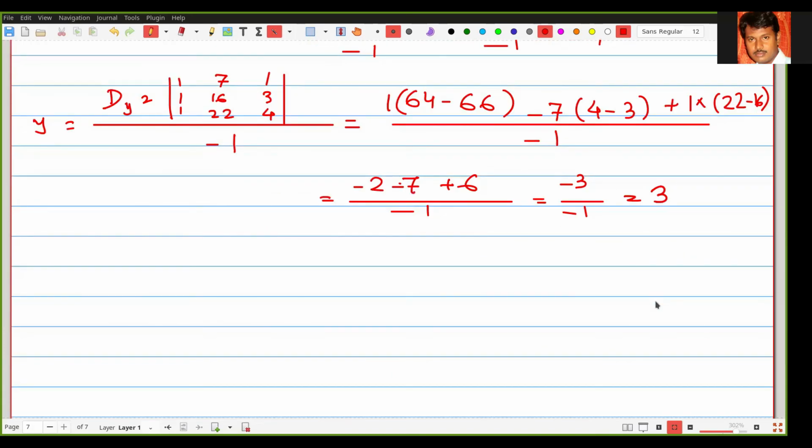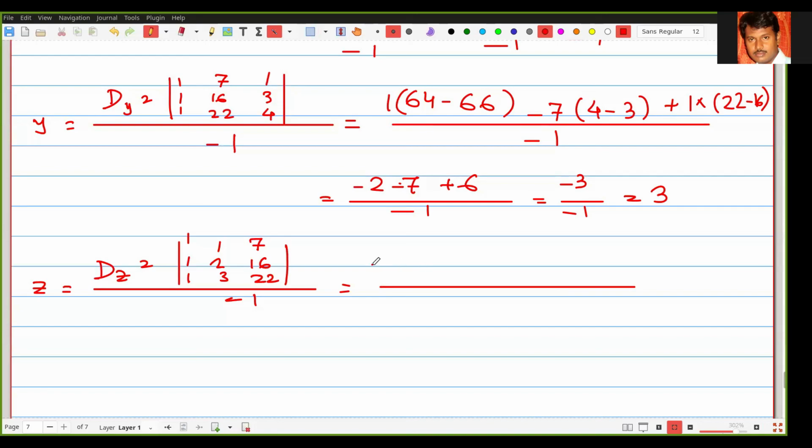Let's check what is the value of z we are getting, that is dz. That means changing the third column, 1, 2, 3 is the second column, 7, 16, 22 upon minus 1.